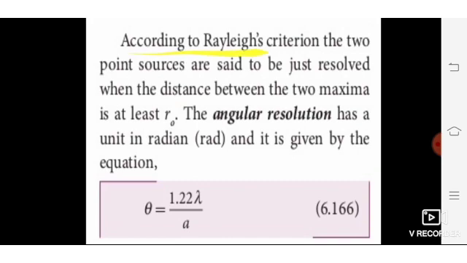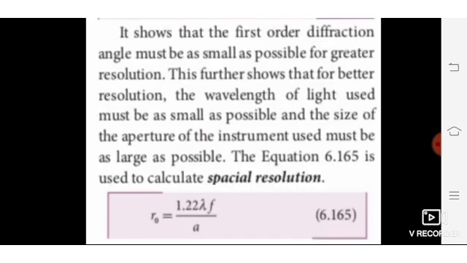According to the Rayleigh criterion, two point sources are just resolved when the distance between the two maxima is at least r0. The angular resolution has a unit of radian and is given by theta is equal to 1.22 lambda divided by a, where r0 is replaced by theta. It shows that the first order diffraction angle must be as small as possible for greater resolution.